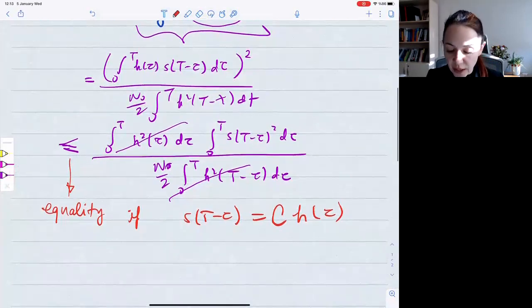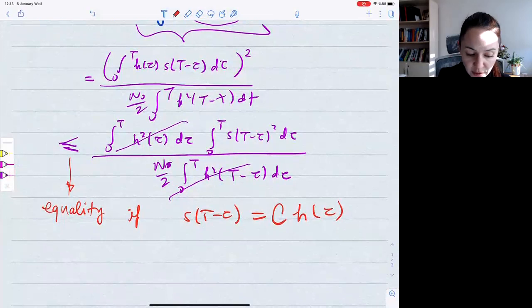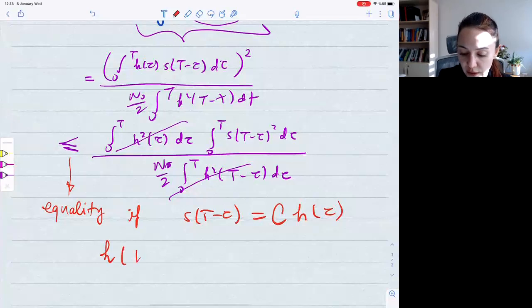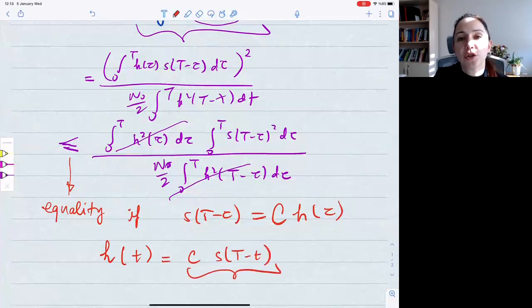This tells us, in other words, that the filter that maximizes output SNR is the scaled and shifted version of our pulse shape, which says it's the matched filter.